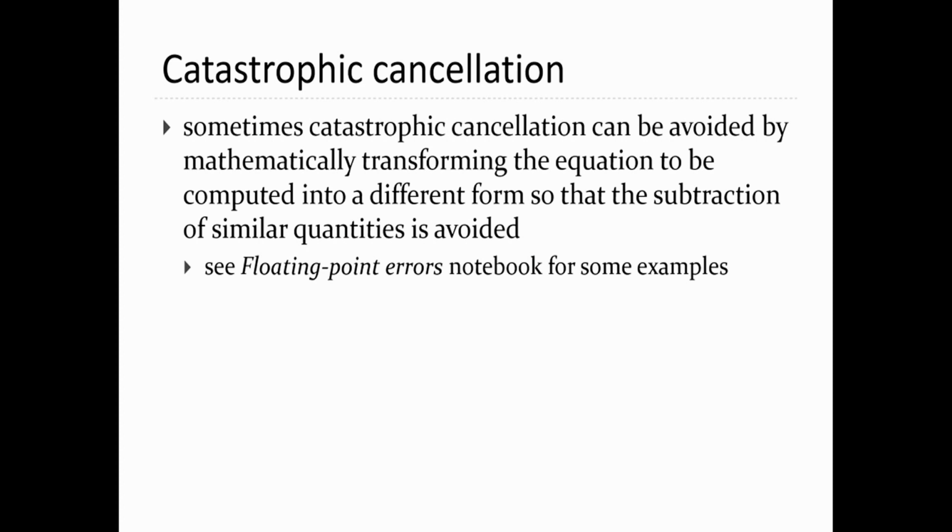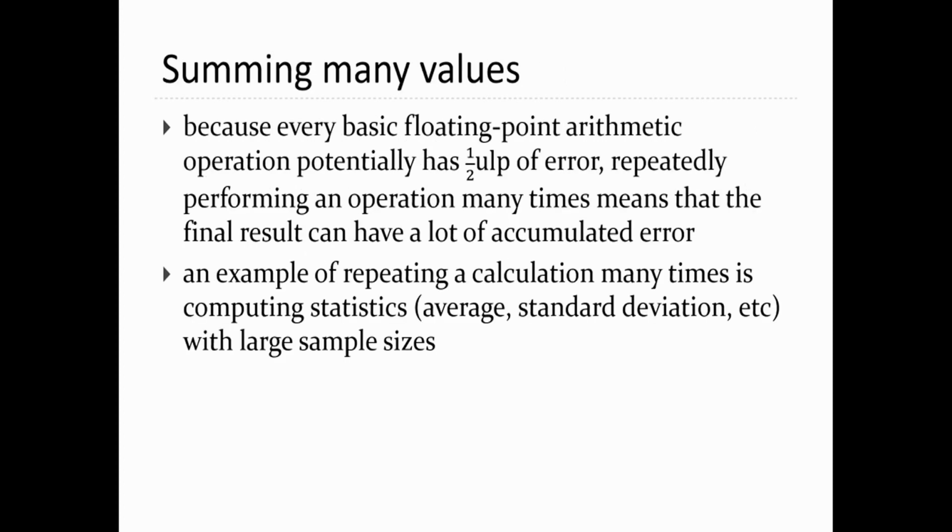You've got some mathematical expression, and then you realize parts of this expression are equal to something else, and you can substitute that and avoid the subtraction. If you go through the floating point error notebook, you'll have, I think, 2 or 3 examples where you can apply some mathematical transformation and avoid the catastrophic cancellation. Okay.